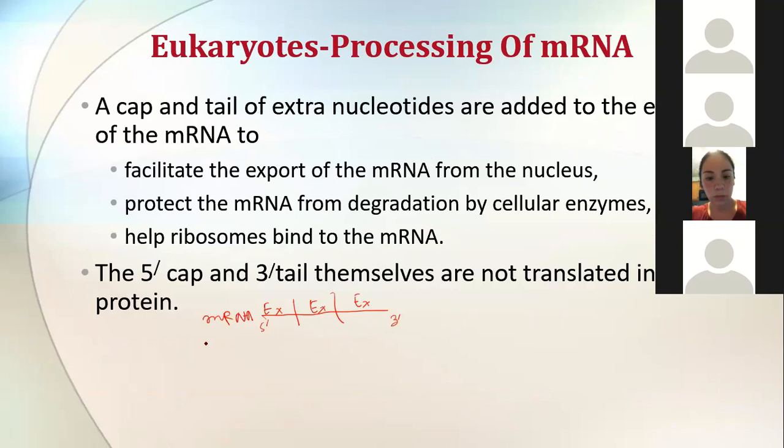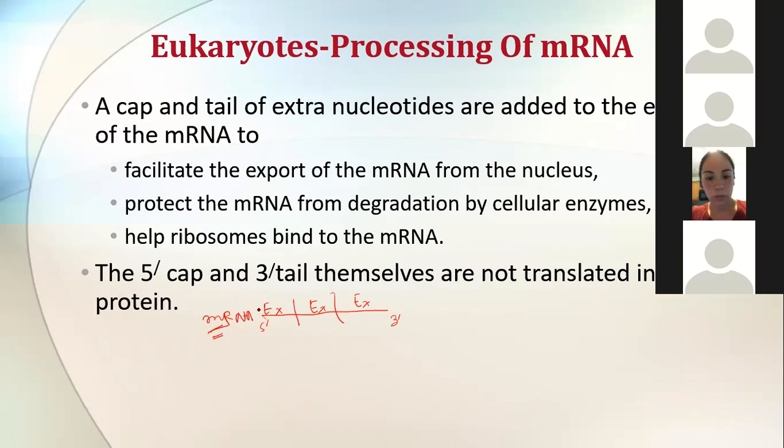So this RNA splicing does not occur for the prokaryotic chromosome. It occurs only inside the eukaryotic chromosome. Okay, now for the eukaryotic chromosome, when this messenger RNA is ready, another thing happens.